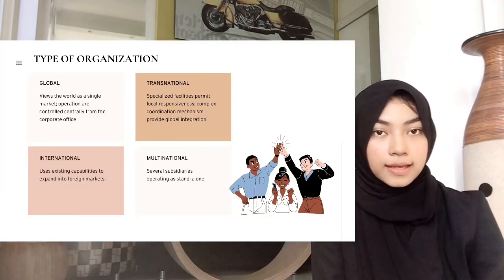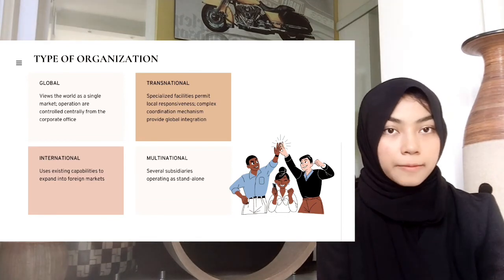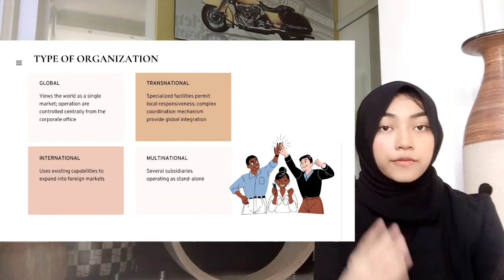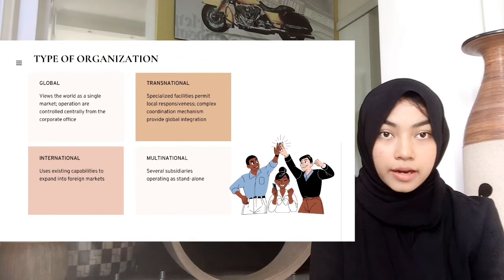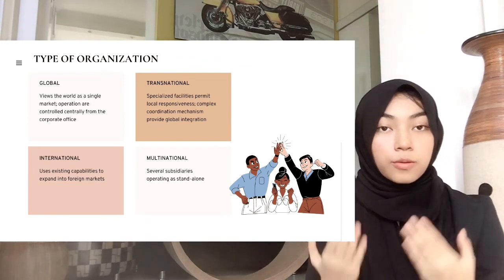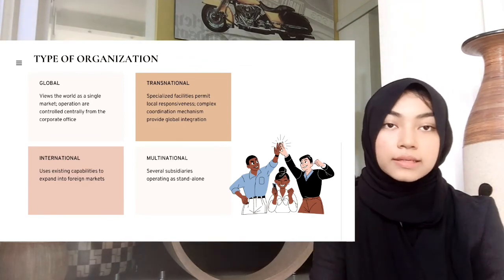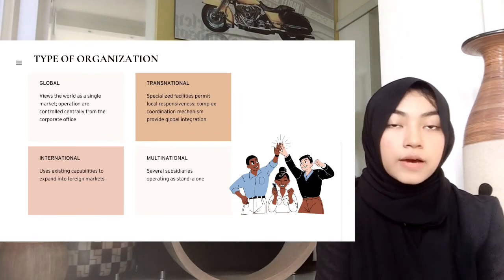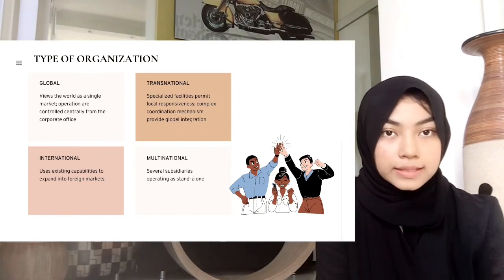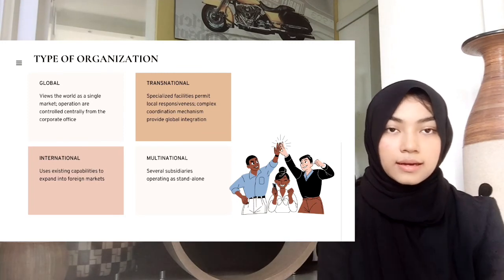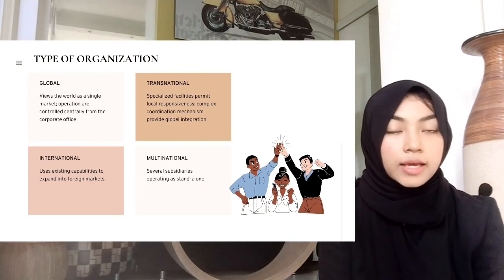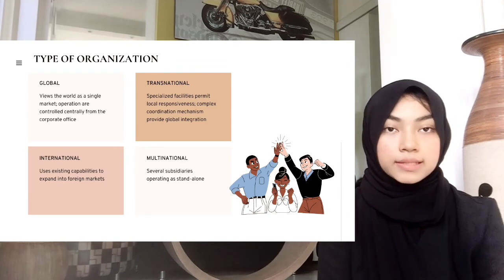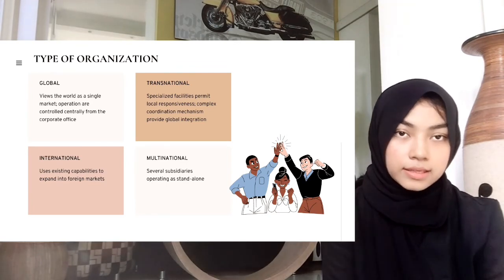Okay, in the next slide, we're going to talk about the types of organization. There are four types of organization. First is global. Global views the world as a single market, and operations are controlled centrally from the corporate office. The second is international. International uses existing capabilities to expand into foreign markets.